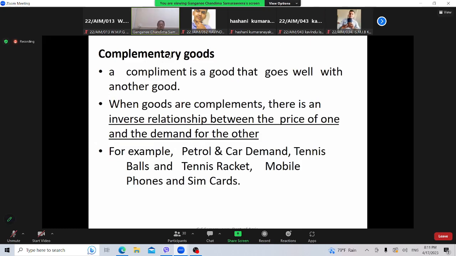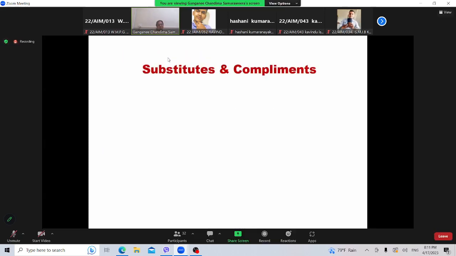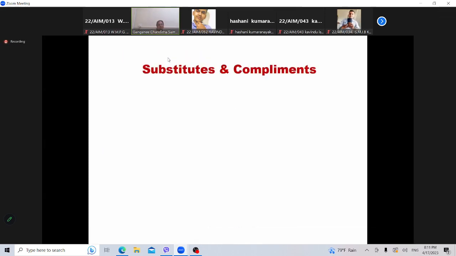Okay, petrol and car, tennis ball, tennis racket, mobile phone, SIM cards. You are more familiar with these. Okay, so these all are complementary goods. Inverse relationship between the price of one and the demand for another. Okay.